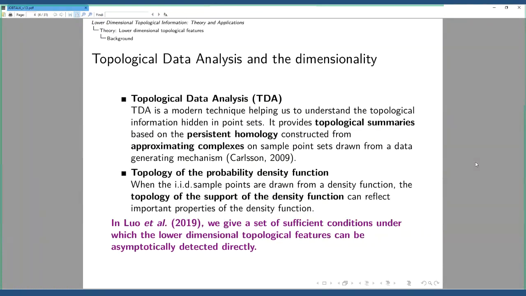We suppose that when IID sample points are drawn from such a density function, hopefully the data set itself will reflect the topology of the support. In the following work, we give a set of sufficient conditions under which the lower dimensional topological features can be asymptotically detected directly. This description will become clearer as we move along in this talk.